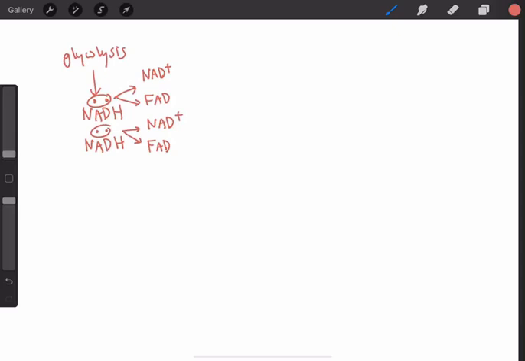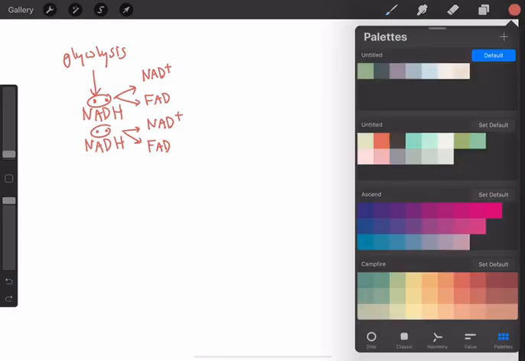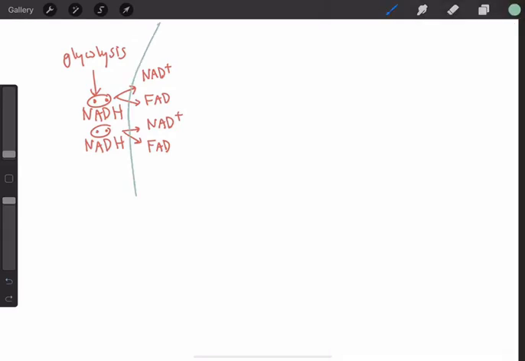Let's put a line over here showing you that this is the mitochondria, whereas this is the cytoplasm.